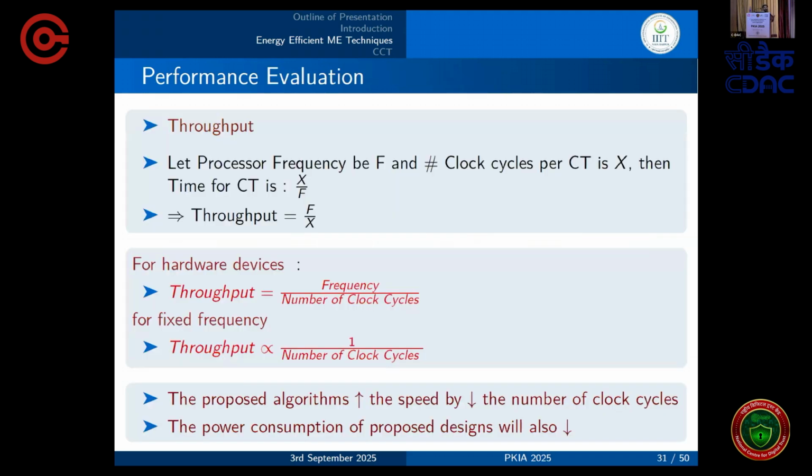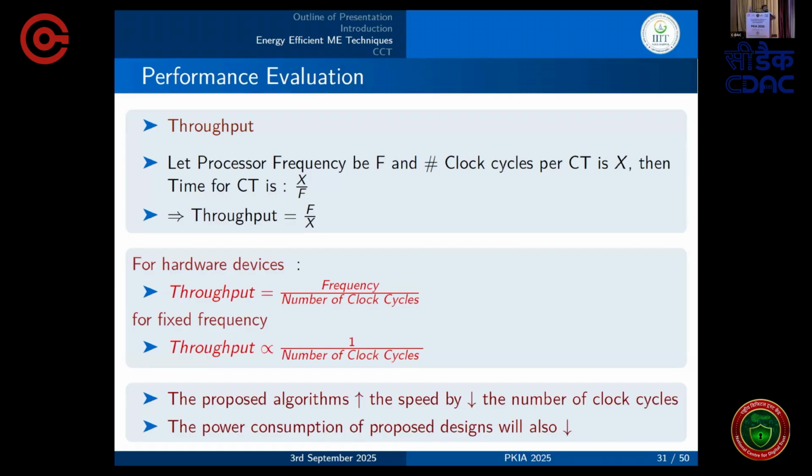And you know how we can compute the throughput when it comes to cryptographic transformations. If the processor frequency is f and the number of clock cycles required for one cryptographic transformation is x, then throughput will be f by x, that means frequency by number of clock cycles. So throughput can be improved in two ways: by increasing the frequency, which, as we know, results in high power consumption and more heat dissipation, and the second is by reducing the clock cycles.